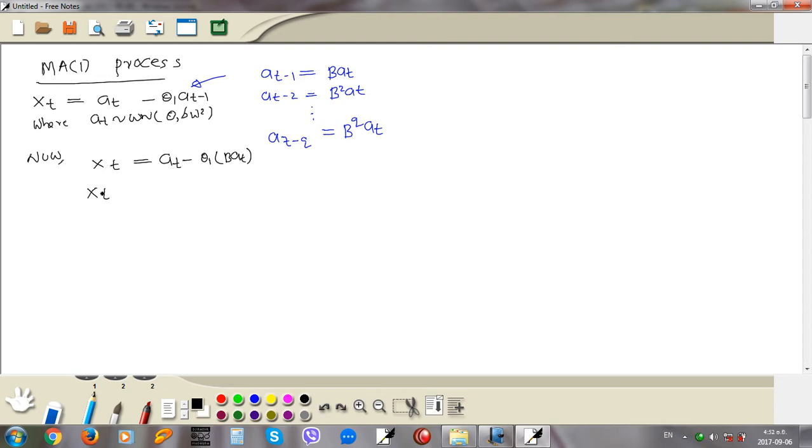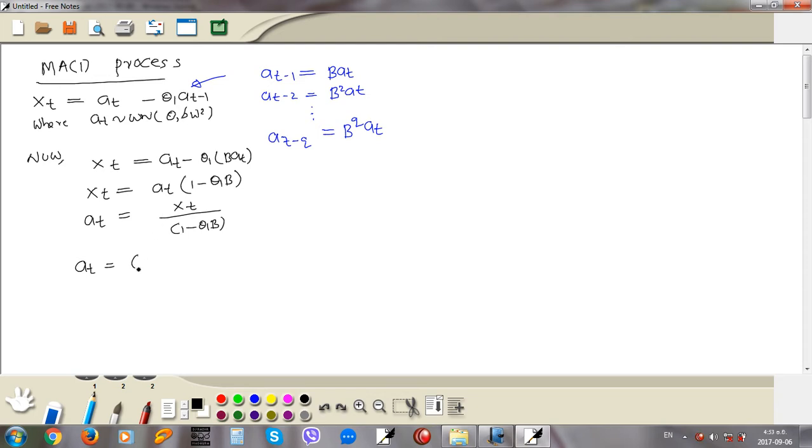Then for x_t, a_t is a common term, so we can take a_t out of the brackets. Then we can write 1 minus theta_1 B, right? And we can make a_t the subject now: a_t equals x_t over 1 minus theta_1 B. Then I write this relation another way.